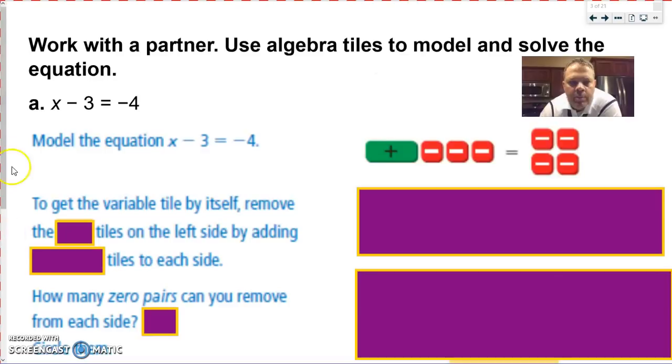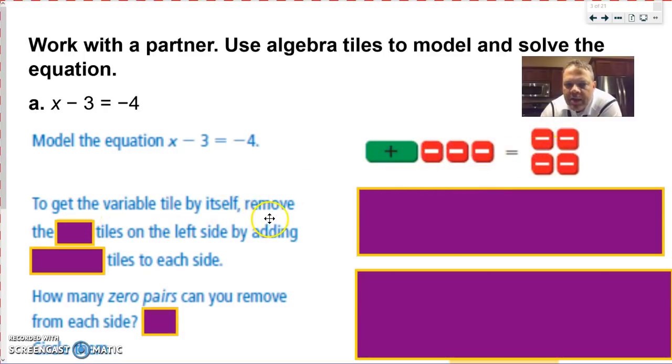I'm going to go over the problem x minus 3 equals negative 4. Using the tiles, this is x. These are 3 negatives, so it's x minus 3 equals negative 4.